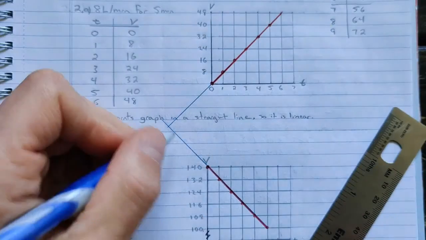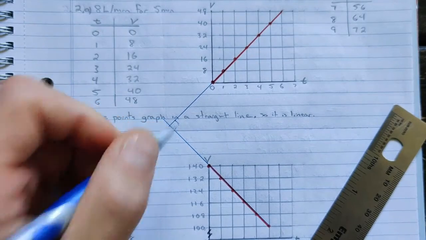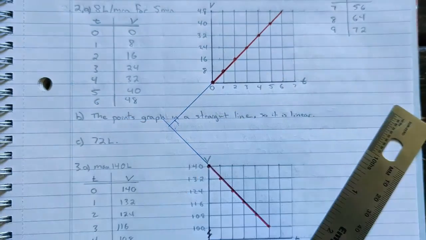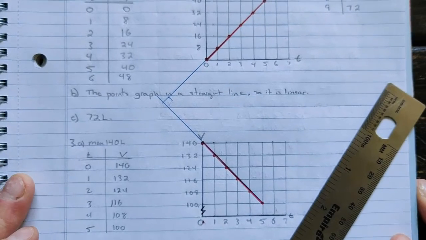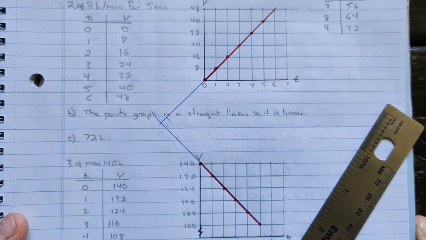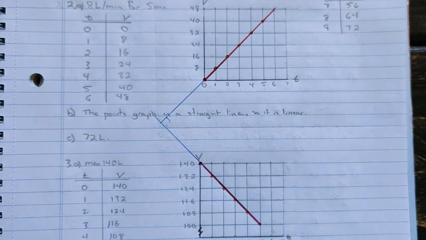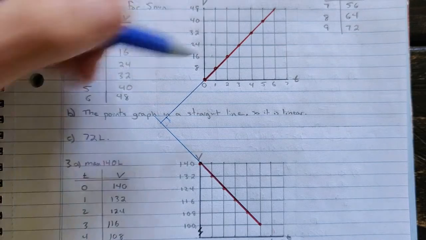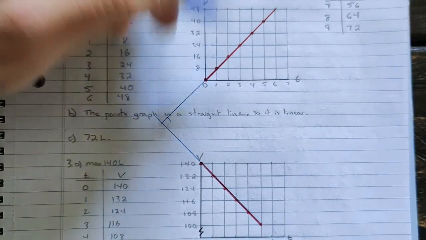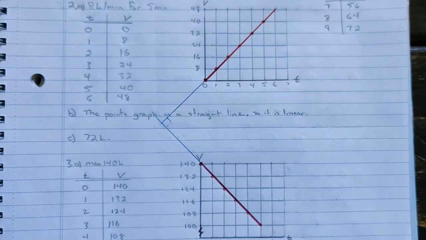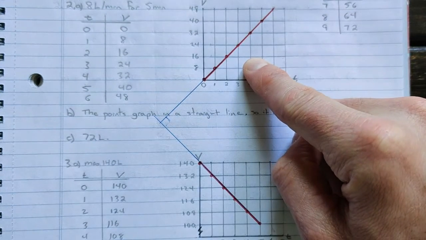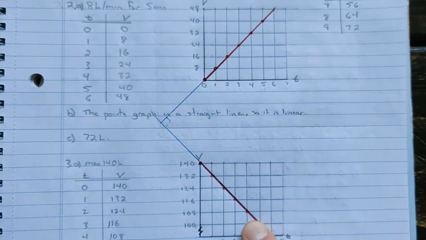But if we extend that back, this would be a 90-degree angle. And if we put these graphs side by side, touching each other, they'd be at a 90-degree angle to each other since we're using the same scale. So these graphs are actually the same steepness, just one's going up and one's going down. So the graphs are very similar in that nature, except that one is going up and one's going down. So this graph is what we would call increasing, and this graph is what we'd call decreasing.